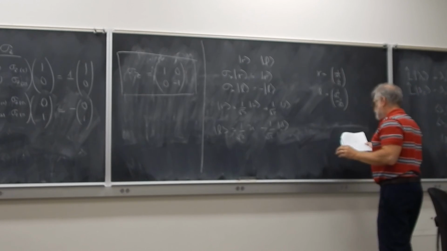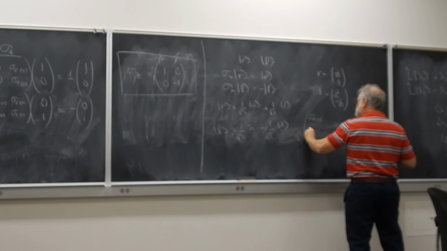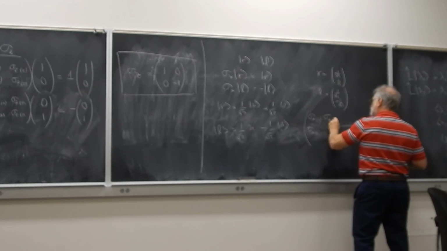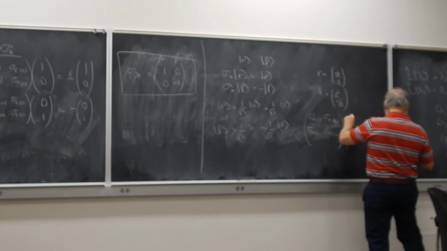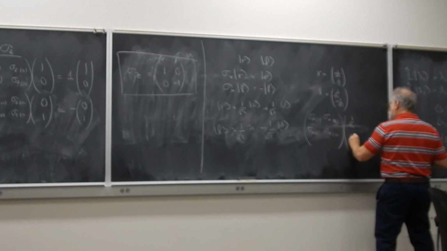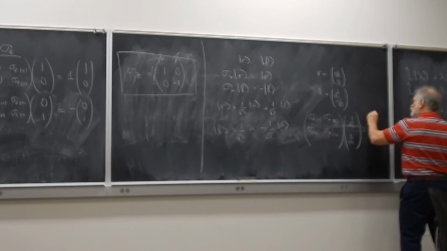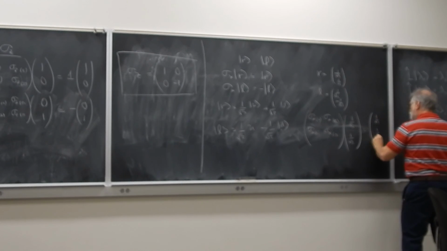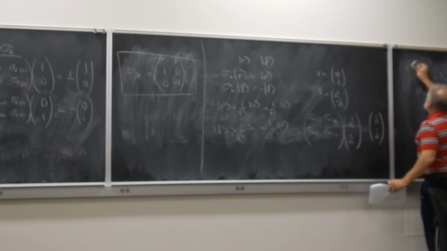And my matrix multiplication would look like the following. It would be sigma x 1,1, sigma x 2,1, sigma x 1,2, and sigma x 2,2, multiplied by (1/√2, 1/√2), has to equal (1/√2, 1/√2). So that's for the R case.